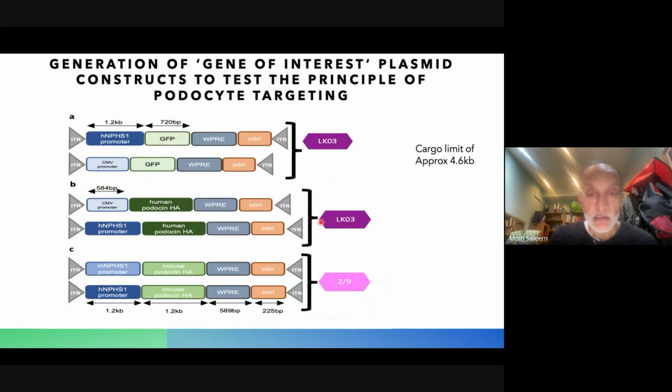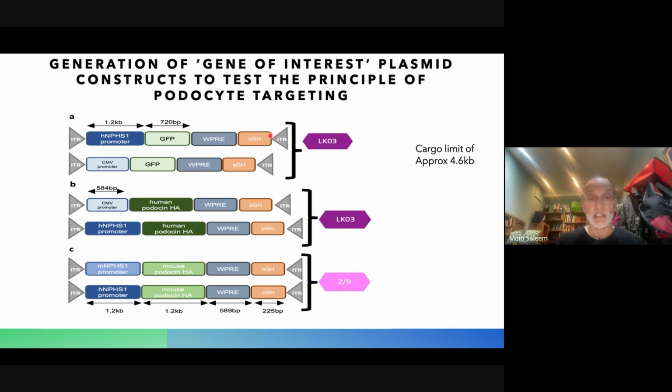Now we get down to some technical details, and I'll try and take you through this step by step. But firstly, you've got to make your construct. So as I said, this is the viral genome. ITRs are the flanking regions of the genetic material that makes the proteins for the virus. And what you do is you take out the capsid and the replication machinery, and you replace it with the correct promoter, which I've talked about.